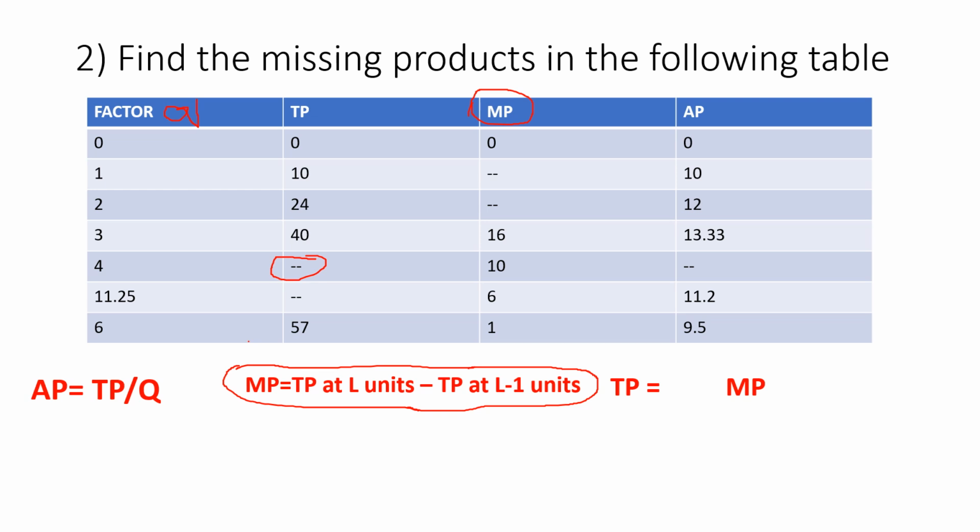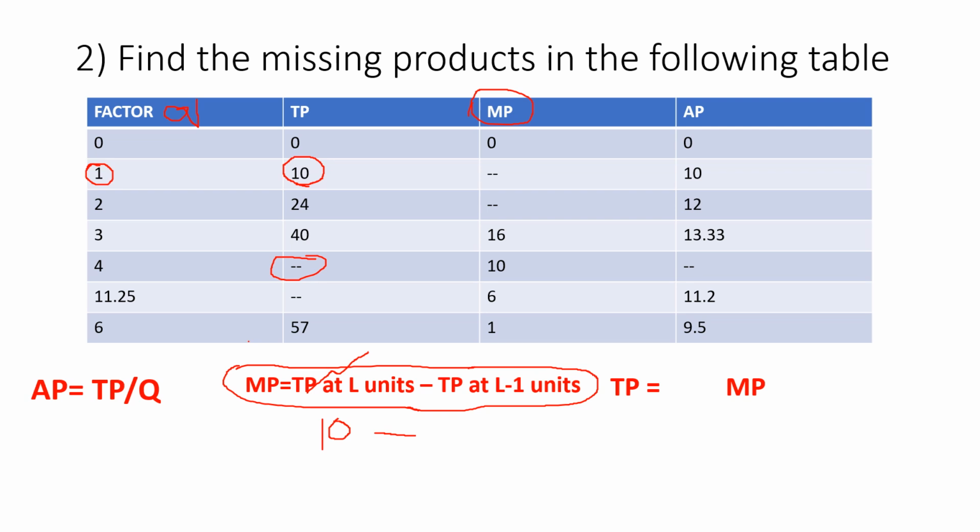Now, TP at L units means this one. L is considered as 1. The factor quantity that is beside it, we consider as L. Understood? What is TP at L now? 10. Okay, I'll write 10 minus TP at L minus 1 units.